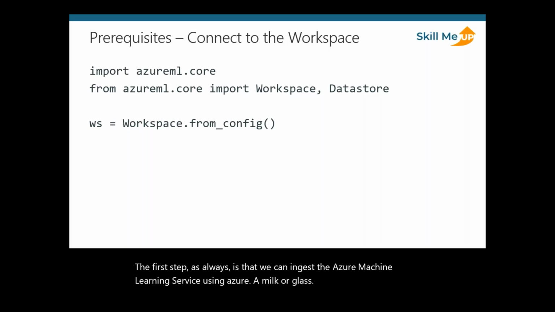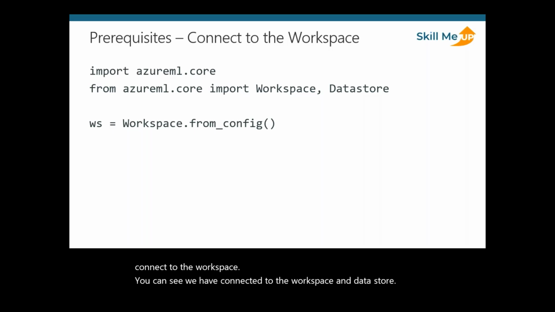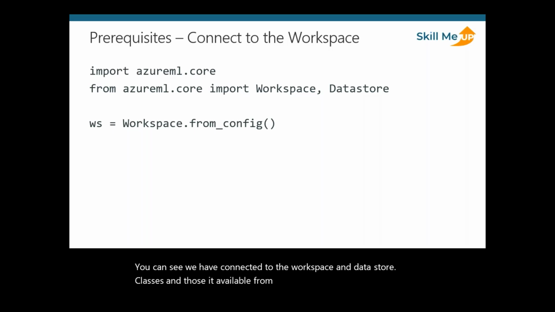Once we do that, we can set up the configuration from the workspace, and we assign it to a variable which is called WS. And this is using Azure Machine Learning SDK for Python in order to connect to the workspace. You can see we have connected to the workspace and data store classes, and those are available from the Azure ML Core.